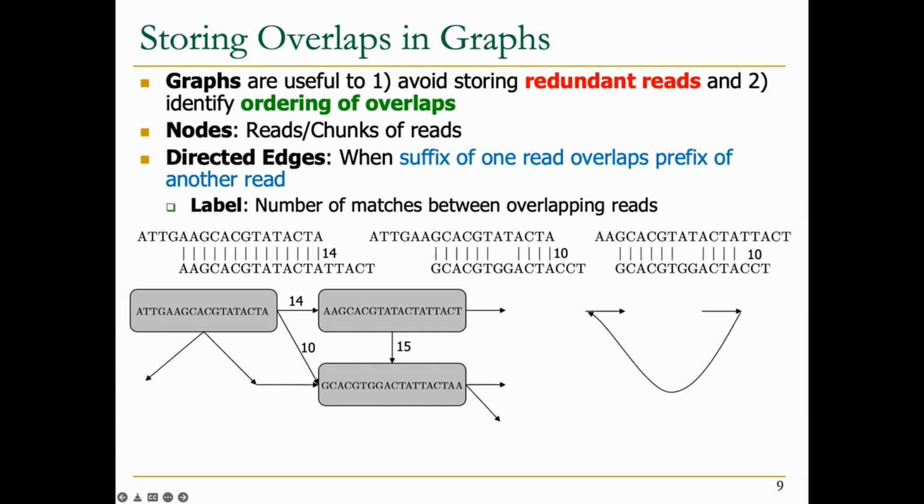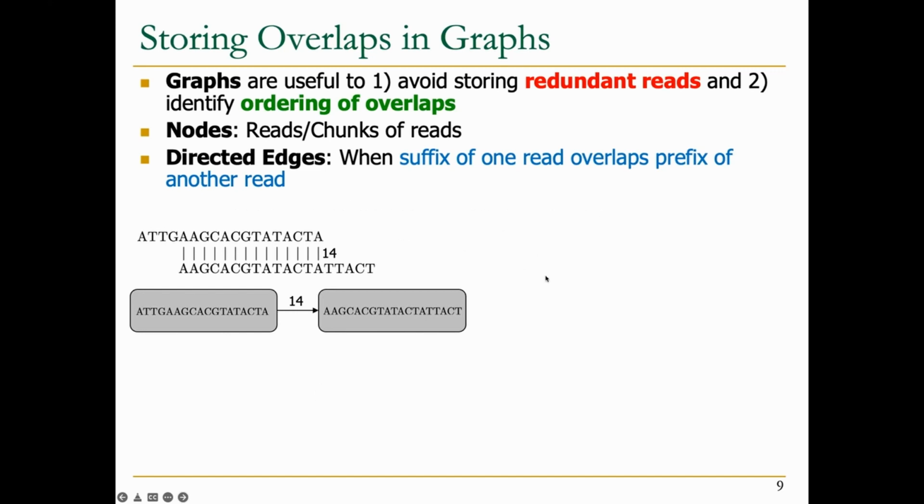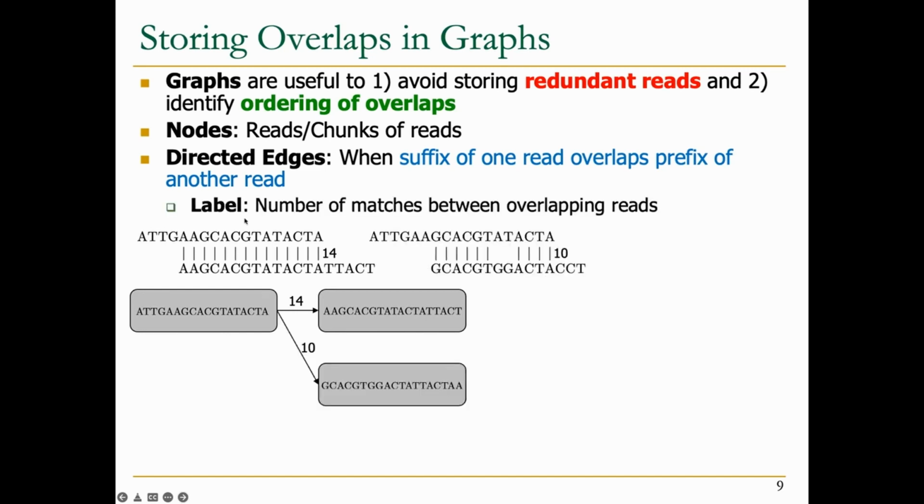As in this example, when we have the same read here that overlaps with another one, we didn't create a separate node, right? We use the one that already exists, and we just create one more node for this one because it didn't exist in our graph previously. This helps us avoid storing redundant reads by constructing a node unique to each sequence or each read.